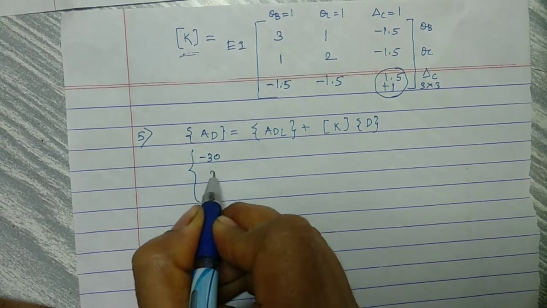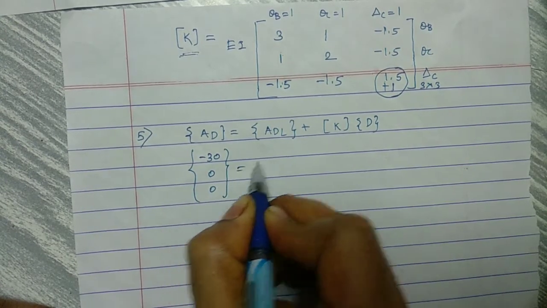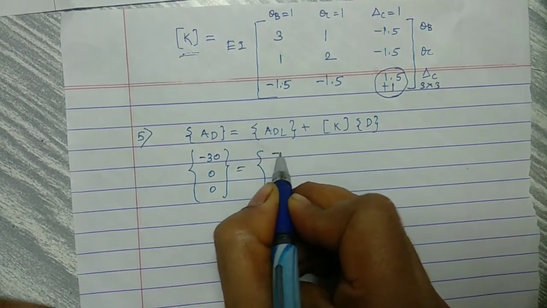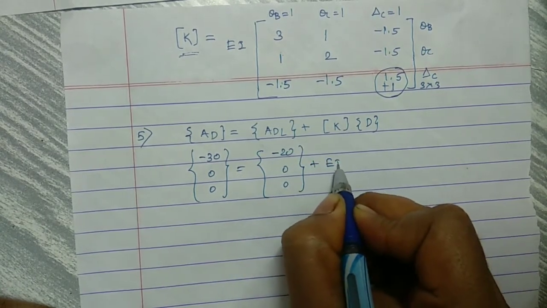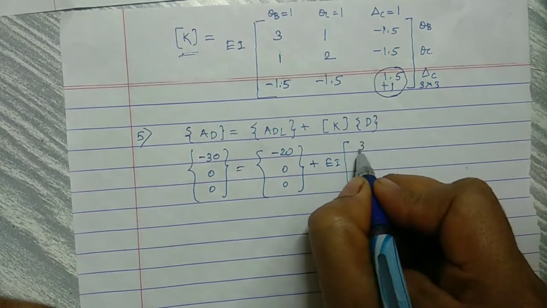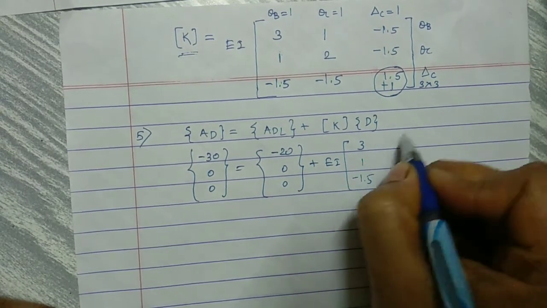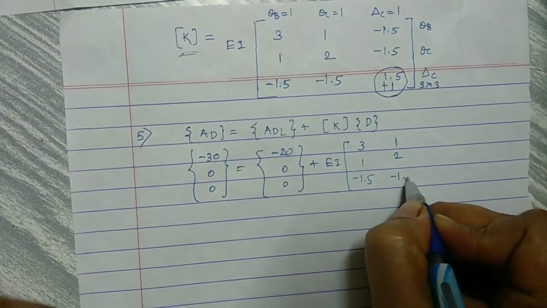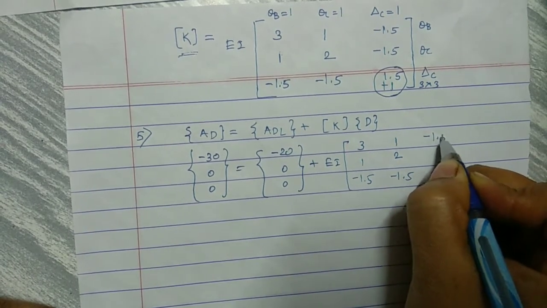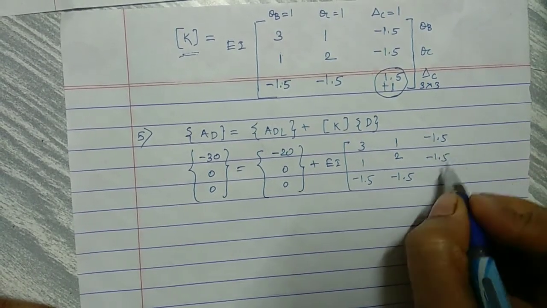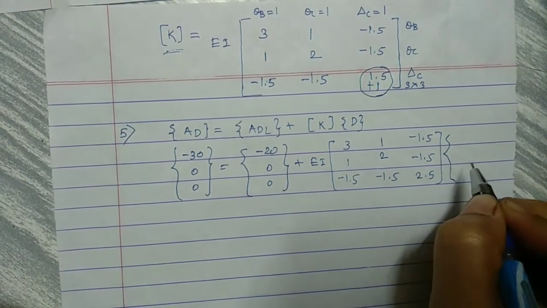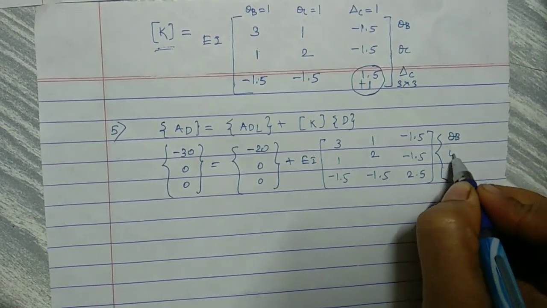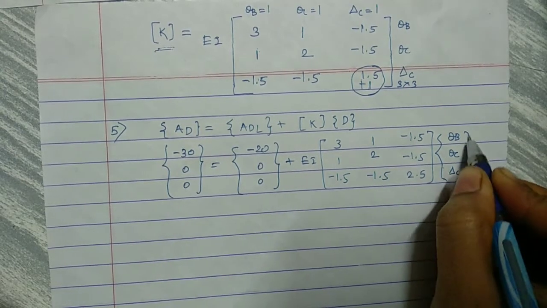AD is minus 30, 0, 0 equals ADL, minus 20, 0, 0, plus this K matrix with EI taken outside: 3, 1, minus 1.5; 1, 2, minus 1.5; minus 1.5, minus 1.5 and 2.5; and the last matrix is sequentially theta B, theta C, delta C.